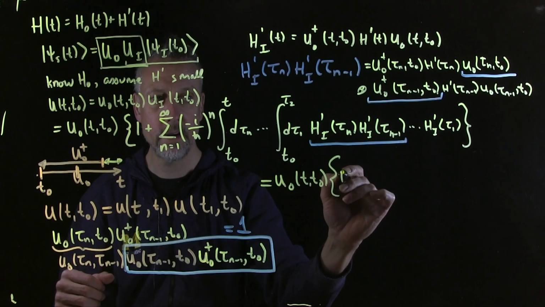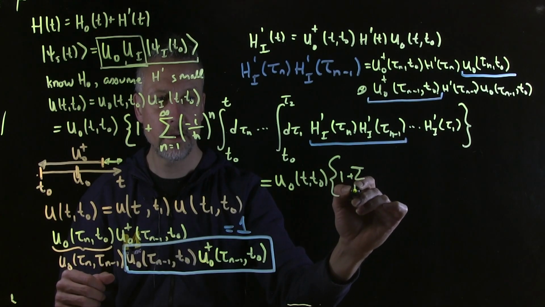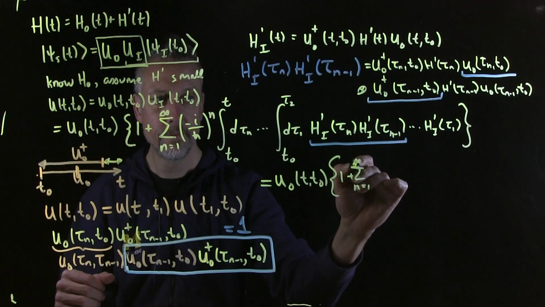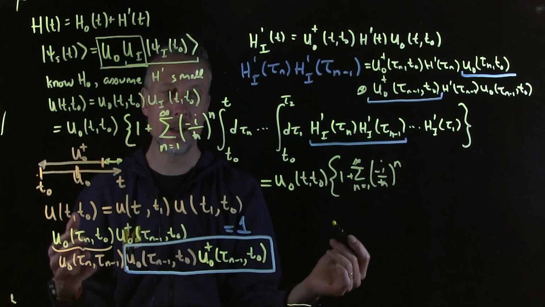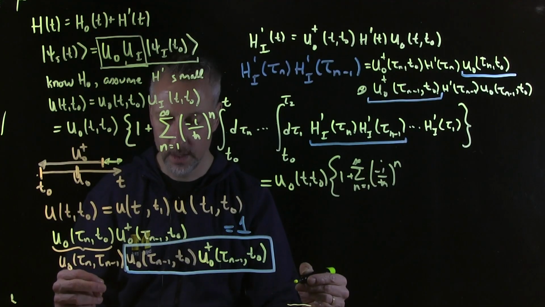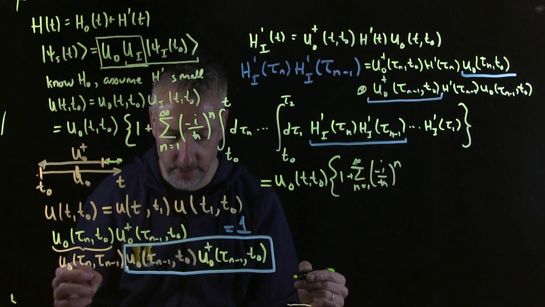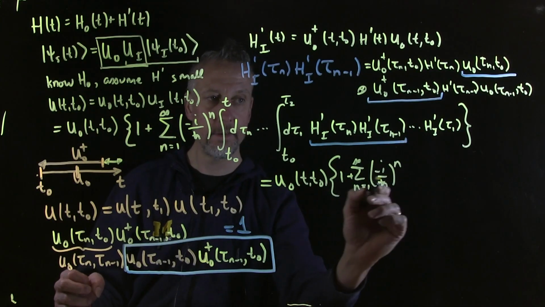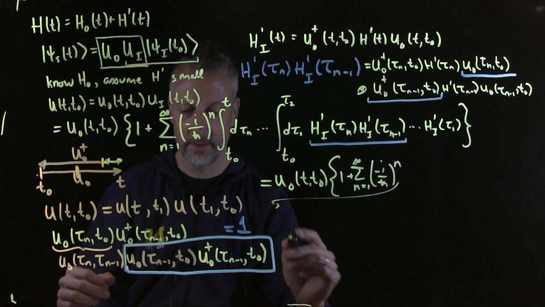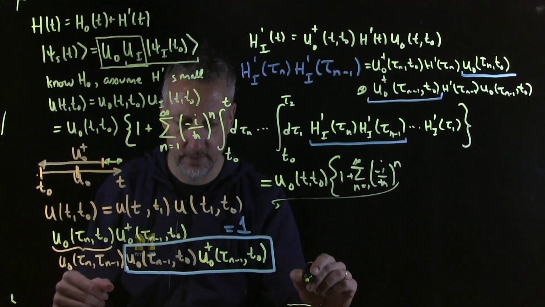Right? So let's write this down. 1 plus the sum, minus i over h bar to the n, and then all of our integrals. And I just want to make sure I choose the right number of integrals. All right, so I'm going to bring it down here, because I need the width. These equations end up being very long.